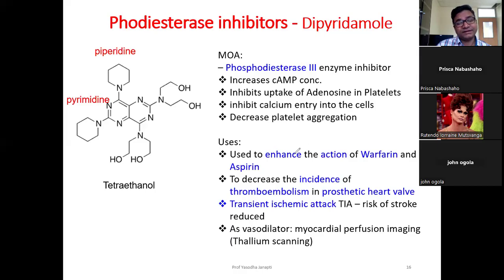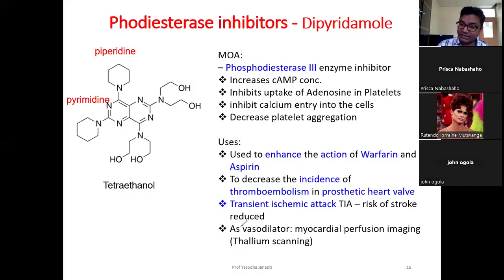Then you can also see the uses. It enhances the action of warfarin and aspirin, and decreases the incidence of thromboembolism and transient ischemic attacks.